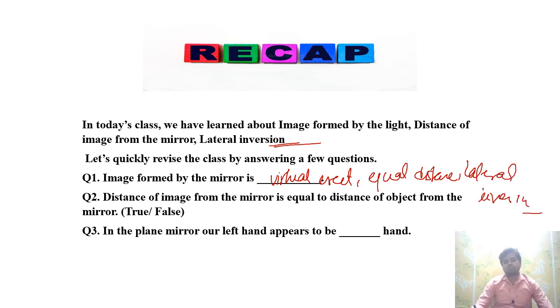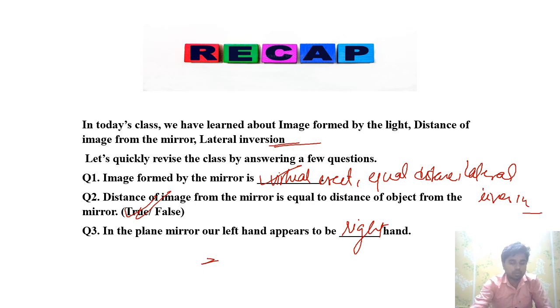The distance of the image from the mirror is equal to the distance of the object from the mirror: this statement is absolutely true. In the plane mirror, our left hand appears to be the right hand. This was a small recapitulation.